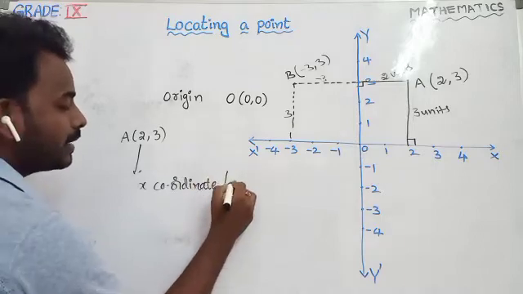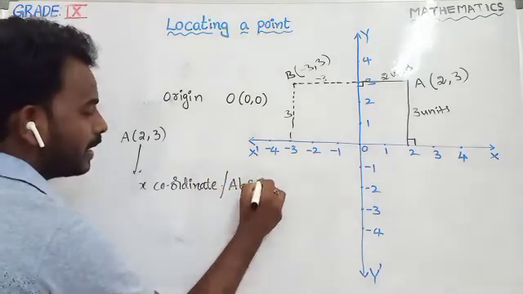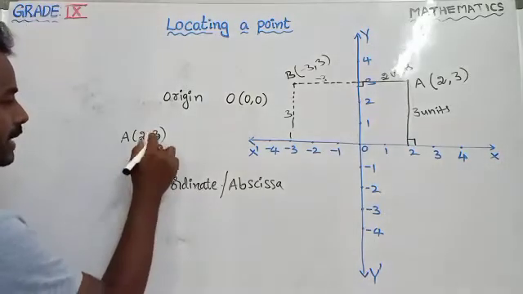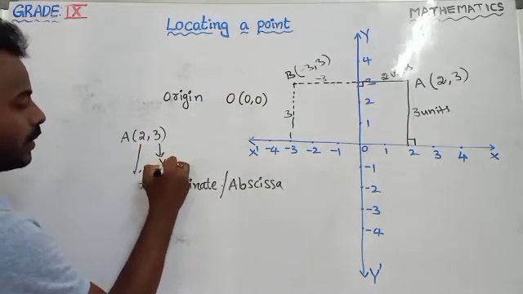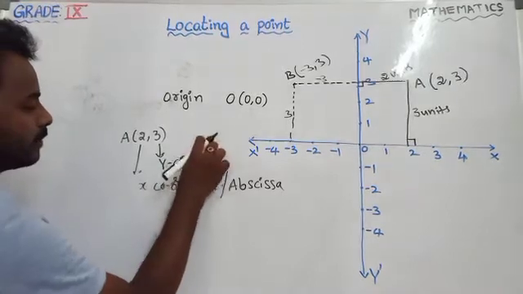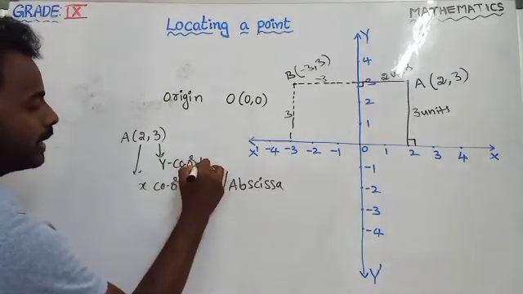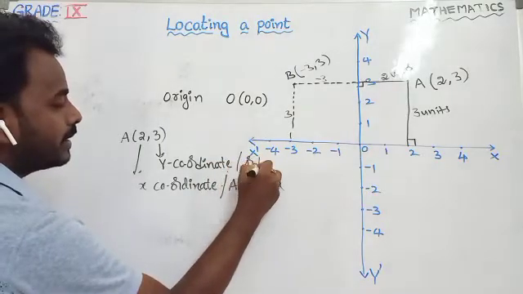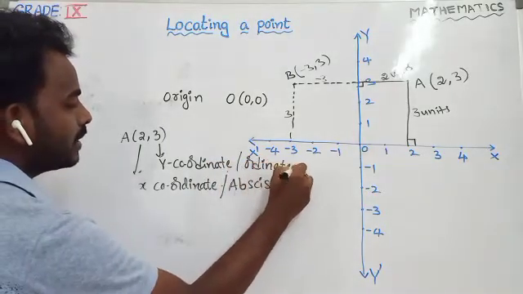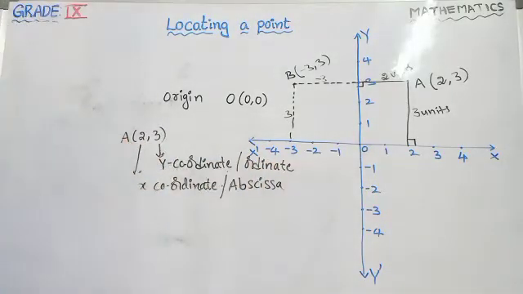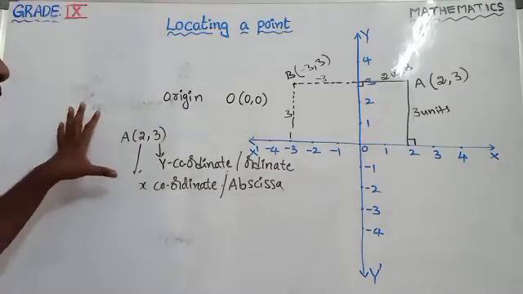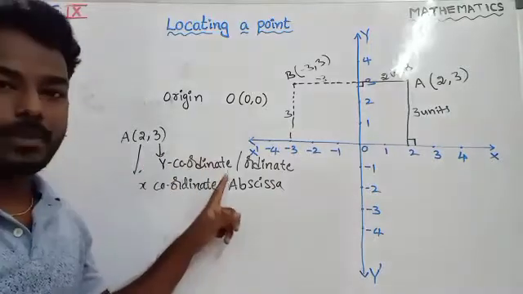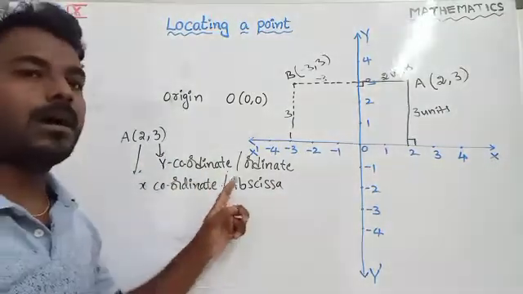And another name we have is abscissa. X coordinate or abscissa. And the 3 is called the y coordinate, and another name is ordinate. These are the other names for the position of the points. So every point in the xy plane contains an x coordinate as well as a y coordinate, otherwise abscissa or ordinate.